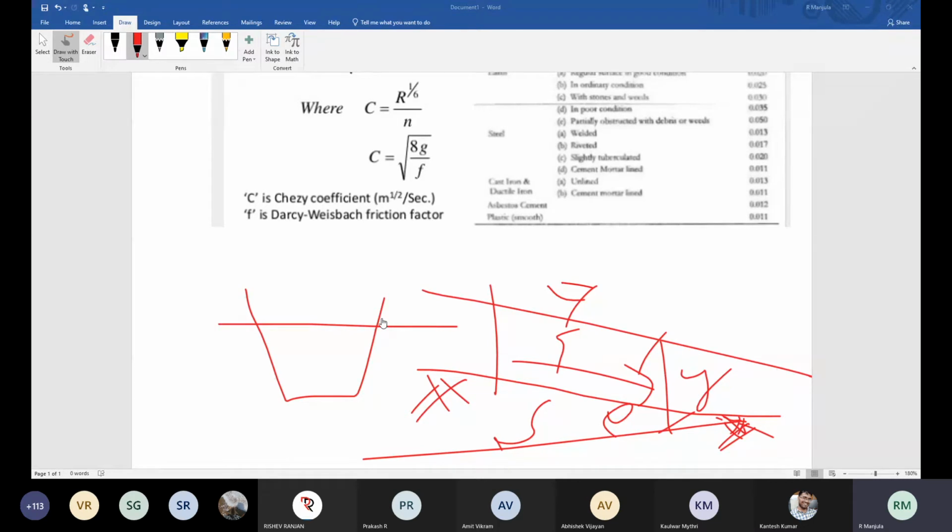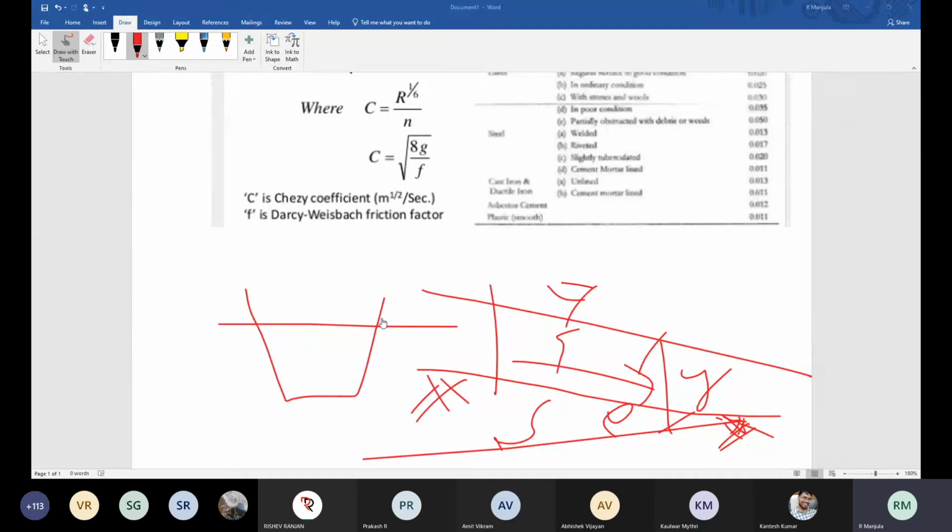There are different forces you have studied in your dynamics, right? What are the forces? Viscous force, inertial force. Say in order.